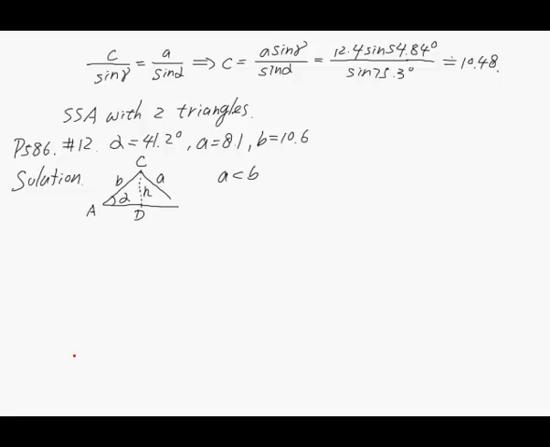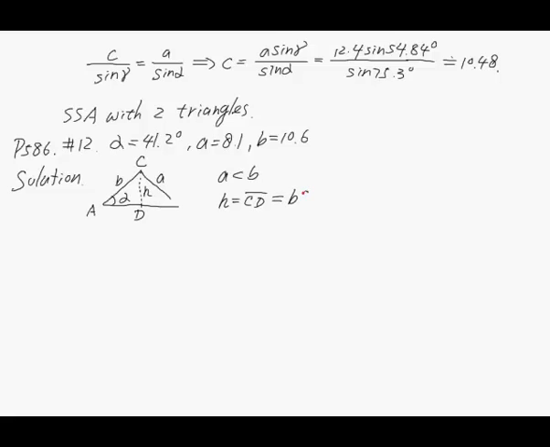Okay, so let's first get h, that is the length of this altitude CD. So in this right triangle ACD, h is equal to b, the hypotenuse, times sine alpha.